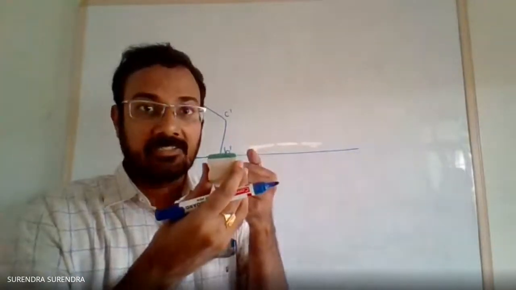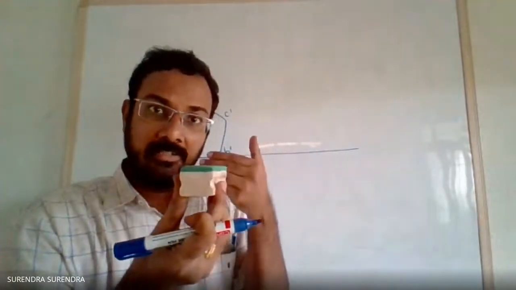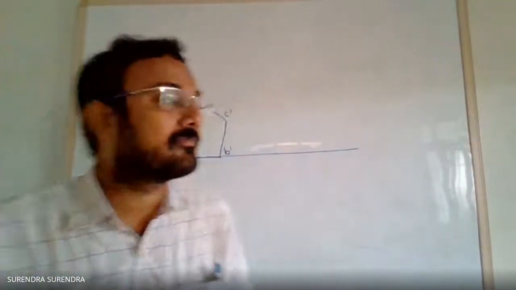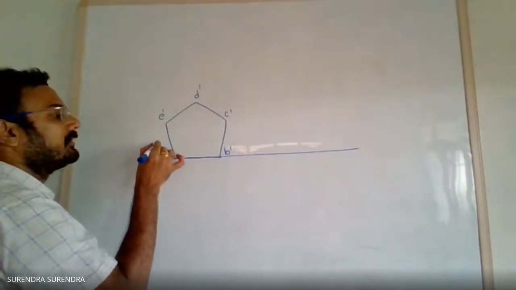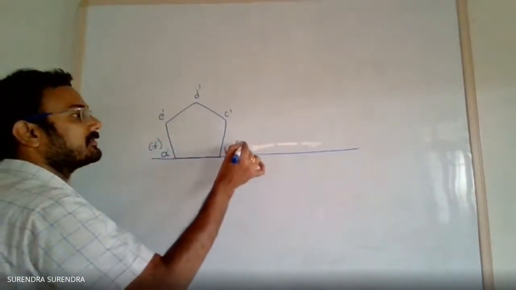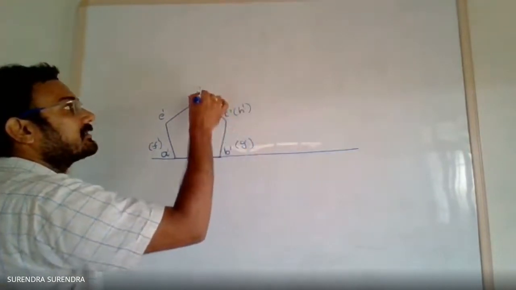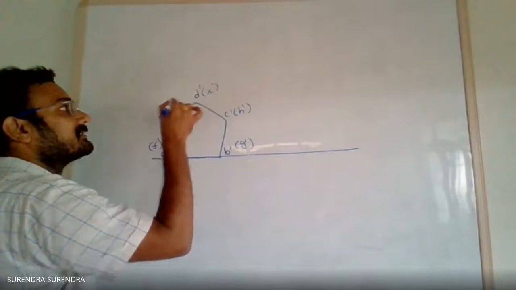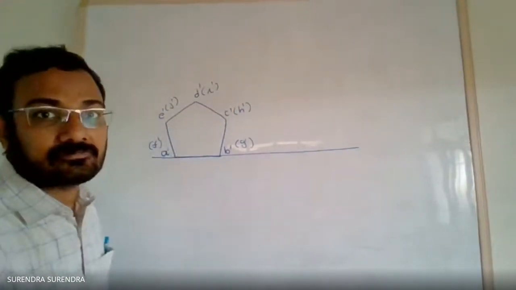On the other base, 5 more corners: 5 corners on the front base and 5 corners on the second one. Let this be F dash, G dash, H dash, I dash, and J dash.